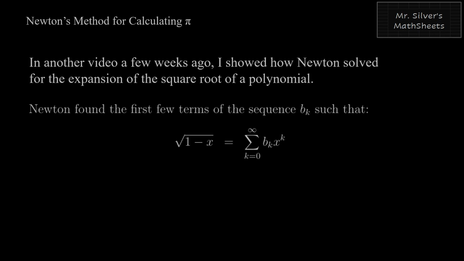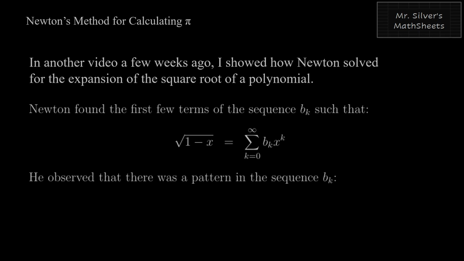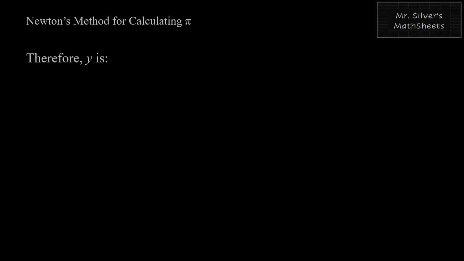You could think of the right-hand side as a Taylor series expansion. He observed that there was a pattern in the sequence of b sub k: the previous value of b sub k could be multiplied by the ratio (2k minus 3) over 2k.